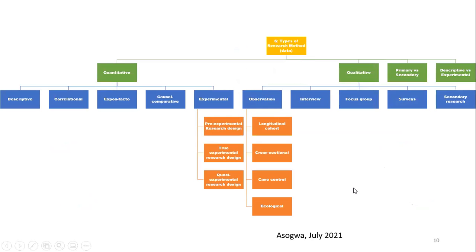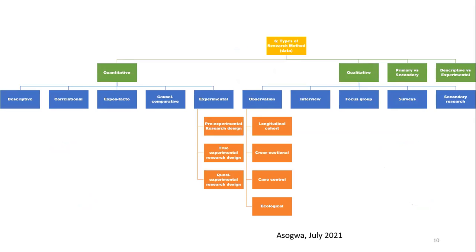So now we go over to types of research method. Types of research method based on data. This one is based on data. I want to tell you that anytime you hear types of research method, that thing is method of data collection. That is the full meaning.